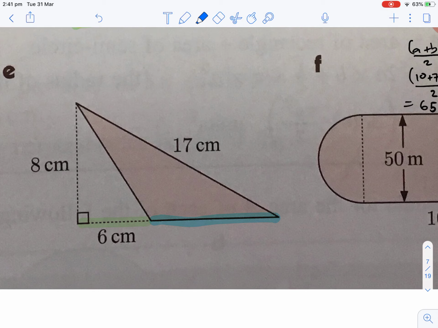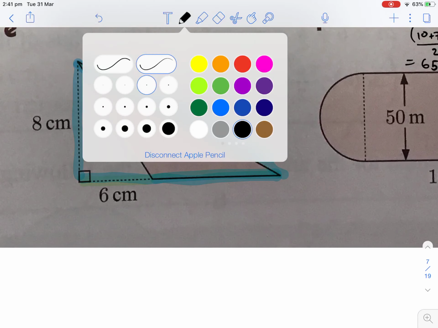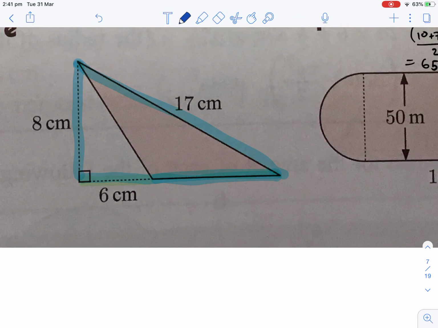Pythagoras only works on a 90-degree triangle, so the triangle we're going to use is actually this full triangle that I've now highlighted in blue, and I'll use a blue pen so that you can keep track of what I'm doing. So to get what I'm going to call this x right along here, because I can only use the 90 degree, it would be one of the short sides in the Pythagorean theorem, because the long side is always the hypotenuse, which here is 17.